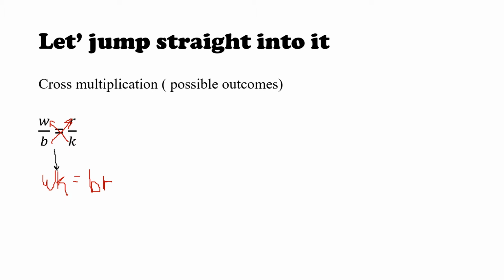Let's look at another possibility, or another way in which we could consider doing cross multiplication. We can also simply bring this B over here. And of course, if we do that, that would leave us with, think about it, W stays there, and that will be equal to BR over K. So all I did here, basically, I just sent over one term to the other side.